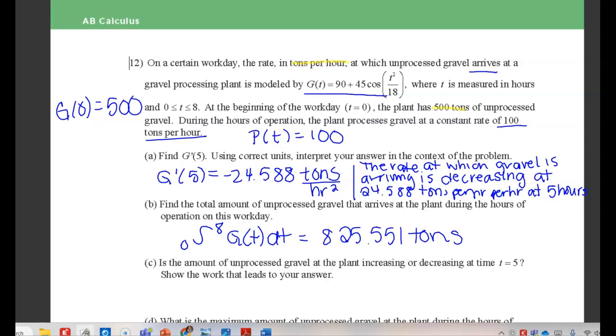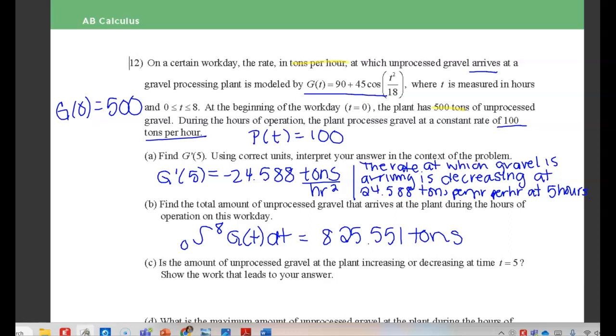Derivative tells me what the original is doing. So if the derivative is positive, then the amount of tons is increasing. If the derivative is negative, it's decreasing.